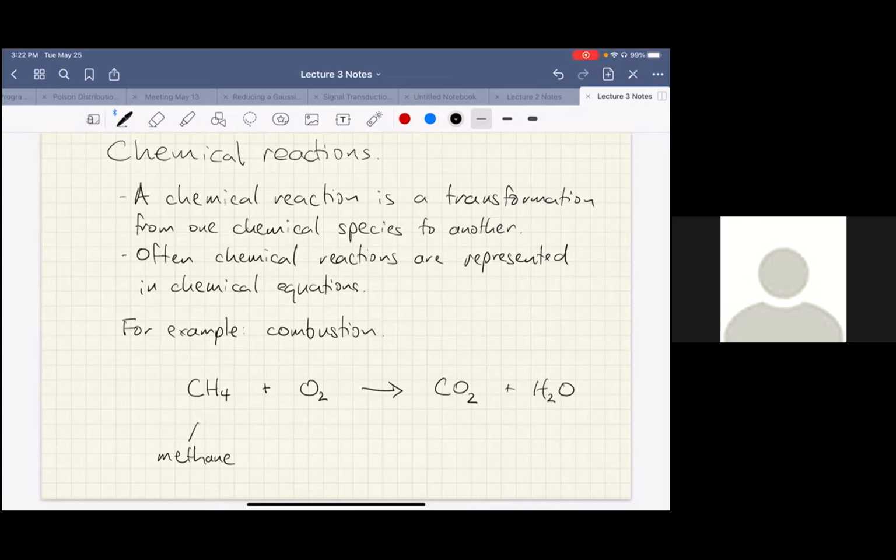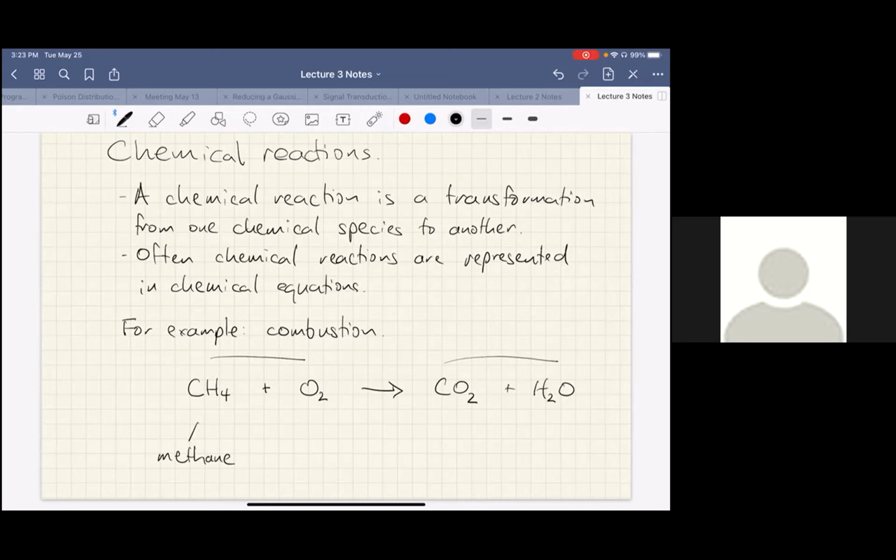And one thing that's important is to make sure chemical reactions balance out. Again, you might remember this from the last time you took a formal chemistry course. But the idea is that the total number of atoms on one side must equal the total number of atoms on the other side.